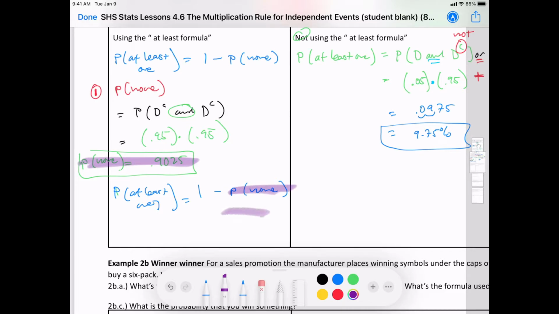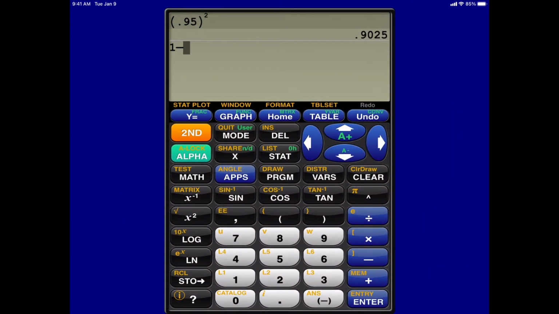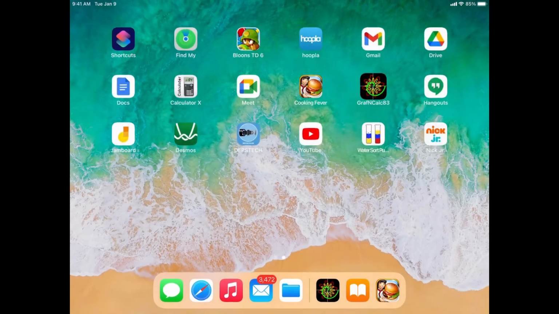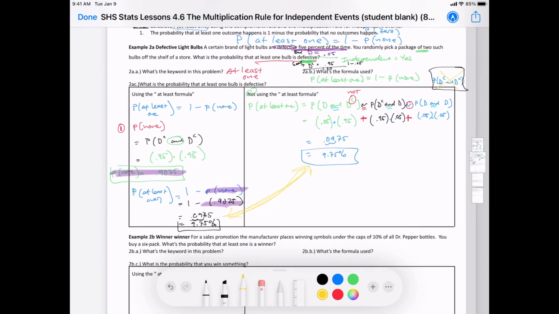That would be 0.9025. So 1 minus 0.9025 is 0.0975, which is 9.75%. Look at that, guys. Same answer. So 2 different ways of doing the same problem.